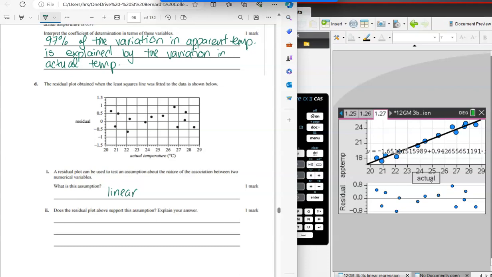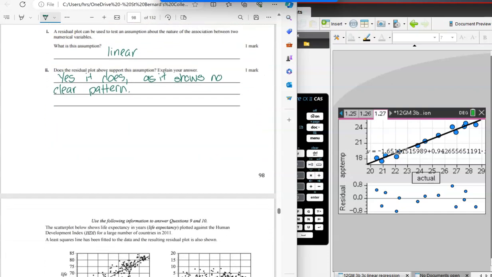That's why we did a residual plot, because it says, does the residual plot support this assumption? We're going to say yes, it does, as it shows no clear pattern. Okay, so in the residual plot, no pattern equals linear.